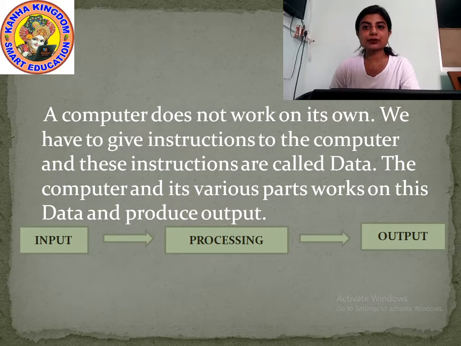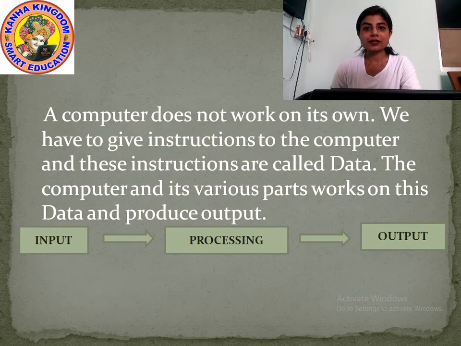Understood? A computer does not work on its own because it is a machine, and we are human beings. We can work on our own, but a computer cannot. So we have to give instructions to the computer, and the instructions that we give are known as data.